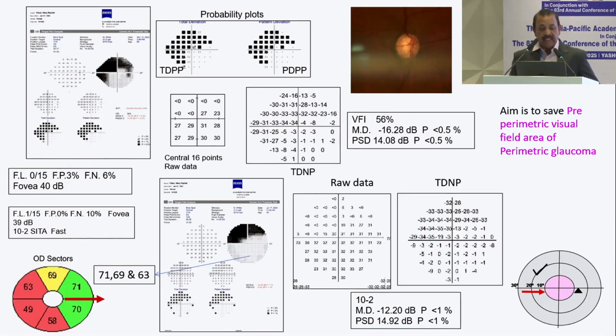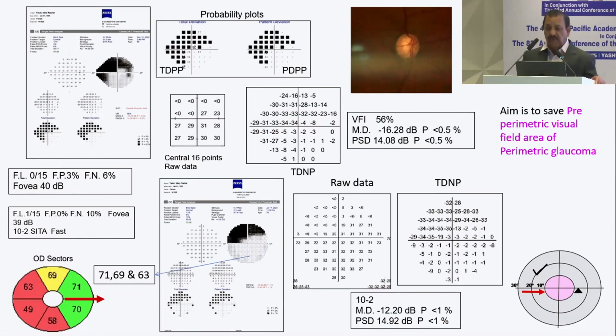In OCT, the upper part reflects the lower one: 63, 69 and 71. 71 is the maculopapular bundle. See the upper temporal, which reflects the lower temporal field; it almost reaches the red zone. So you must be very aggressive in the treatment, and to save the lower part, you can save only the lower part.